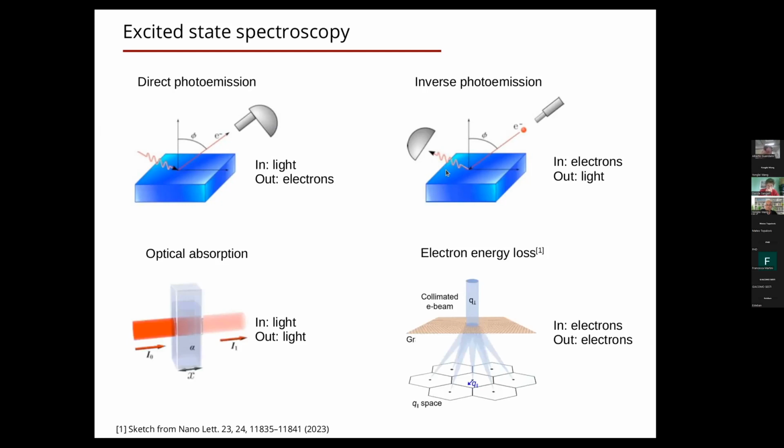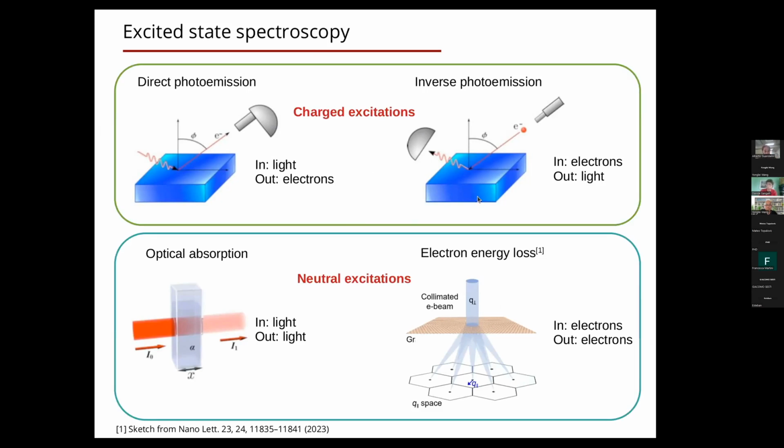There are other examples like optical absorption, where the light transmitted through the sample is measured, or for example, electron energy loss spectroscopy, where electrons are again injected into the sample, and what is measured here is the energy lost by the electrons and how they are deflected.